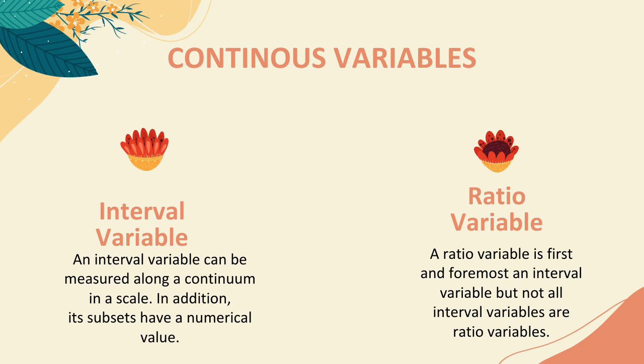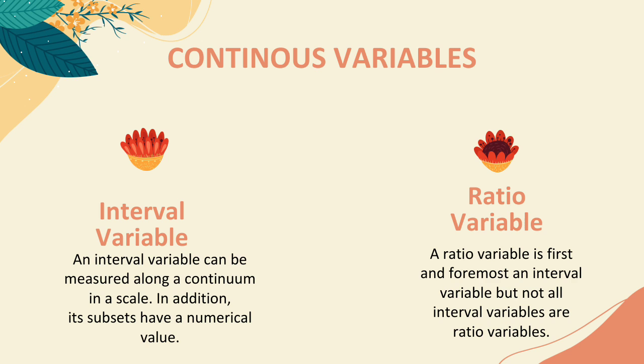The feature of rank ordering can be found in this type of variable. Temperature measured in Celsius or Fahrenheit is an example of interval variables. Equal intervals on the scale represent equal amounts of the attribute being measured.